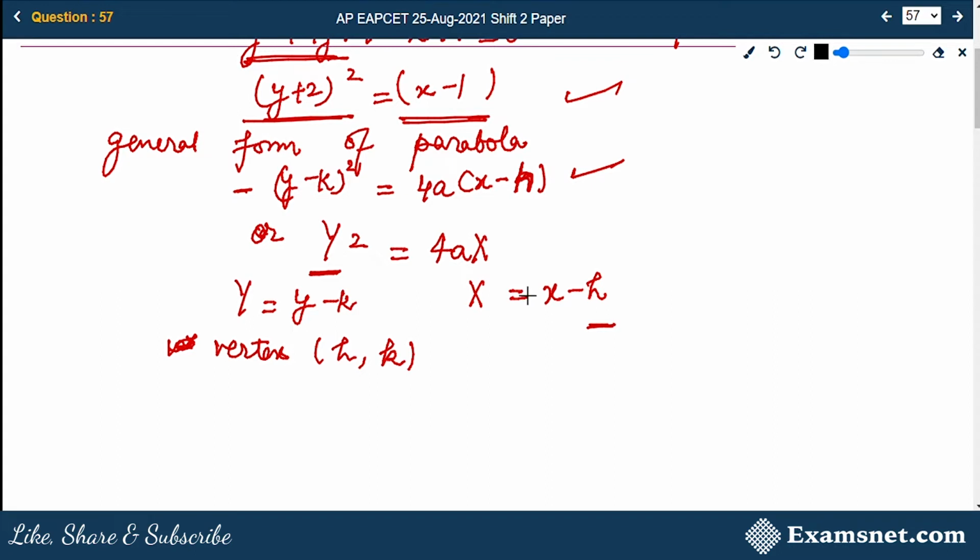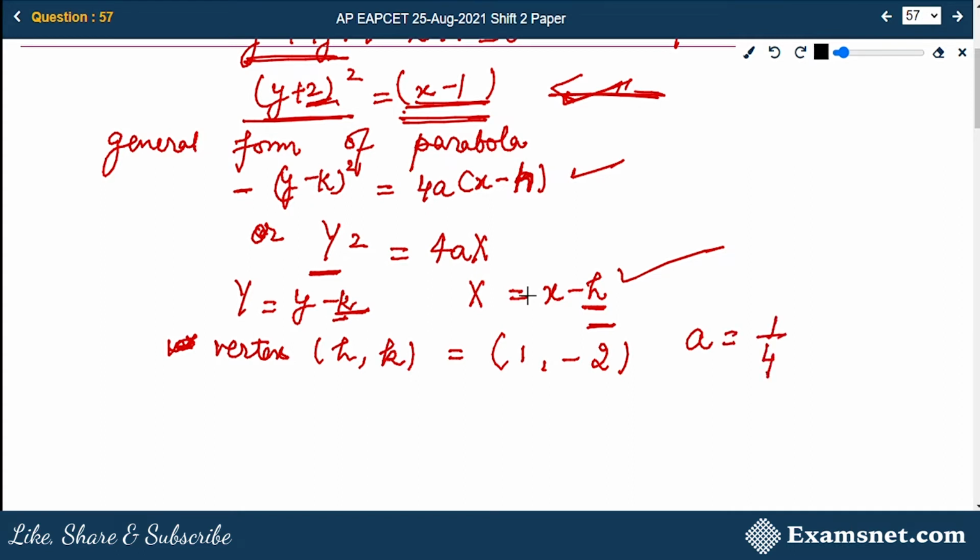Comparing both of these equations, you will see h is equal to 1 and k is equal to minus 2, because it was minus k is equal to 2, so this will give you minus 2. Also, what is a in this case? Just look at this equation. A is nothing but 1 by 4. You have to compare these two equations. You will get a is equal to 1 by 4.